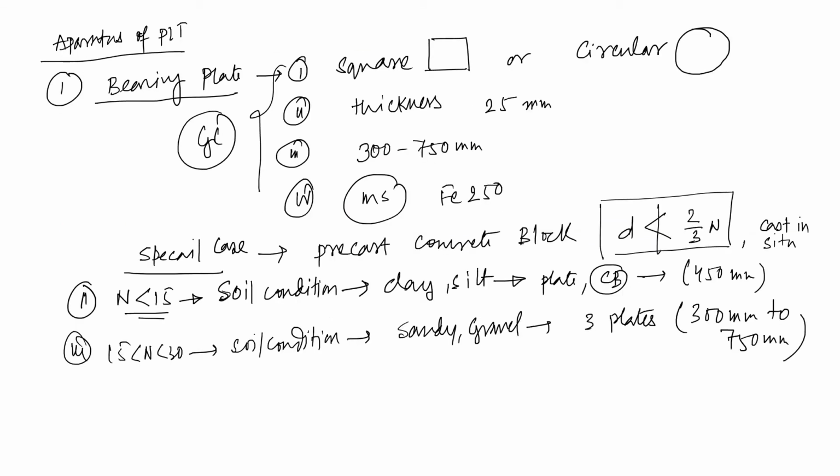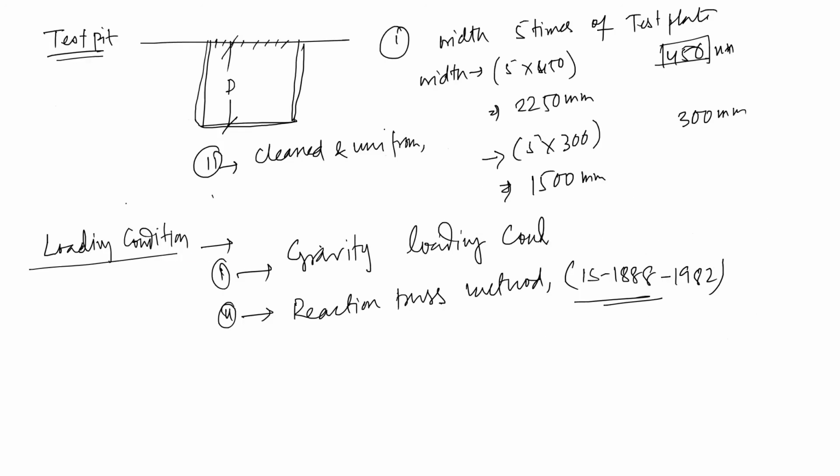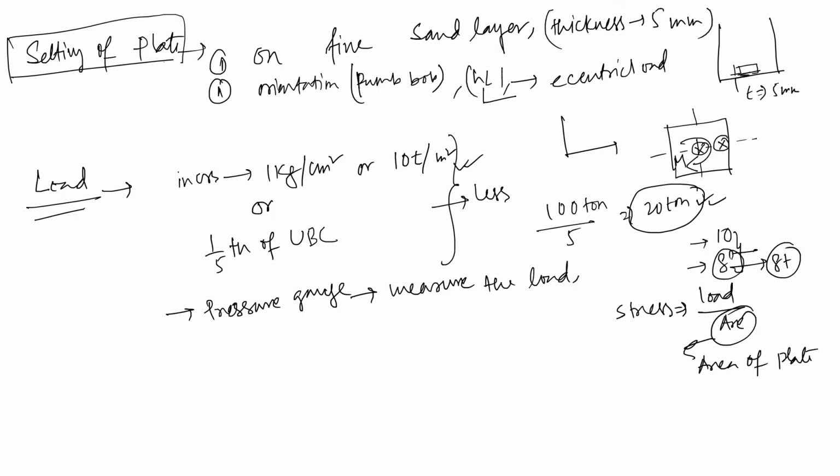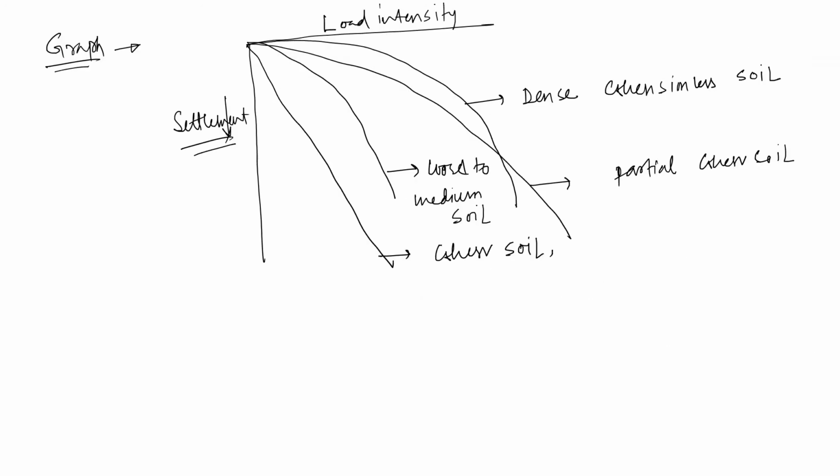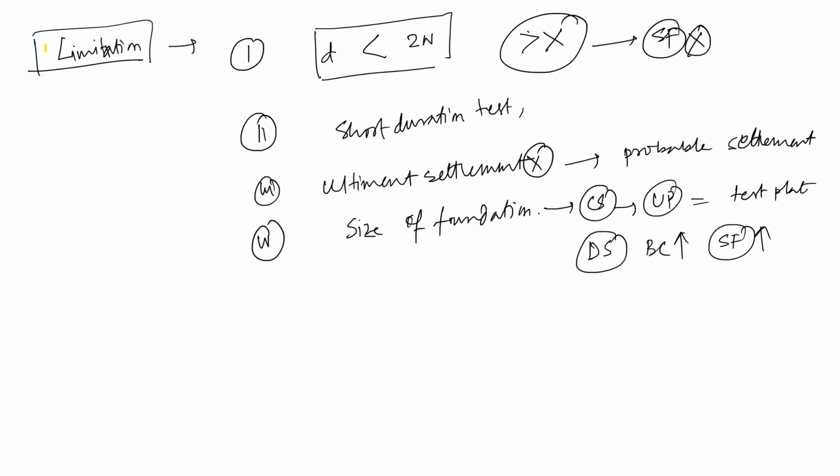After that, I discussed bearing plate specification, then I talked about three special cases, and then the test pit, loading condition, then how to keep the plate and what is the load condition, and how we calculate the settlement, as well as we talked about the graph and limitation.